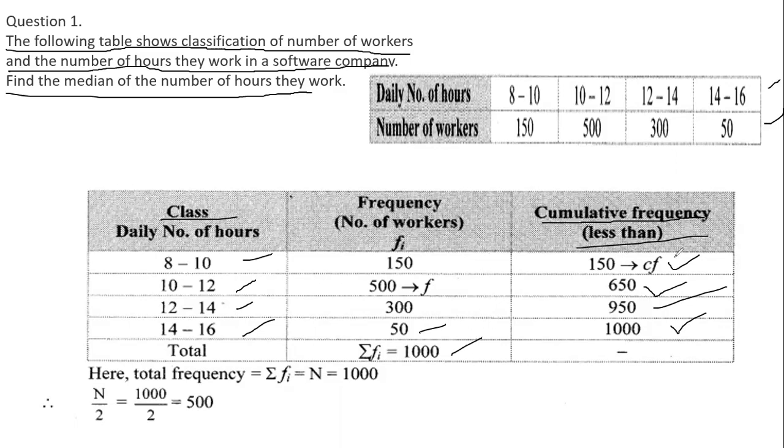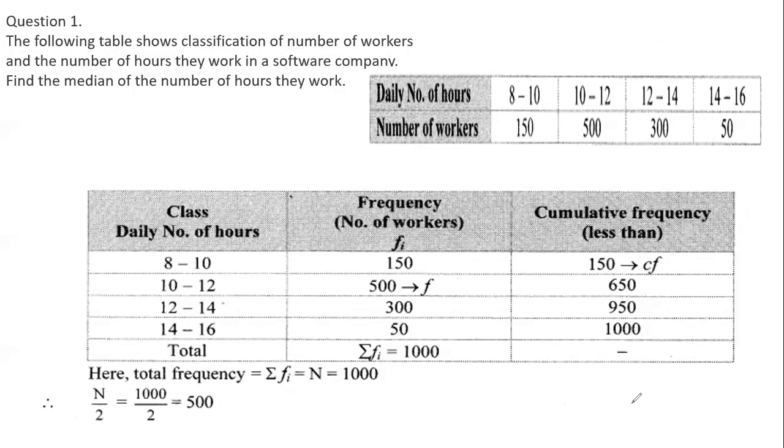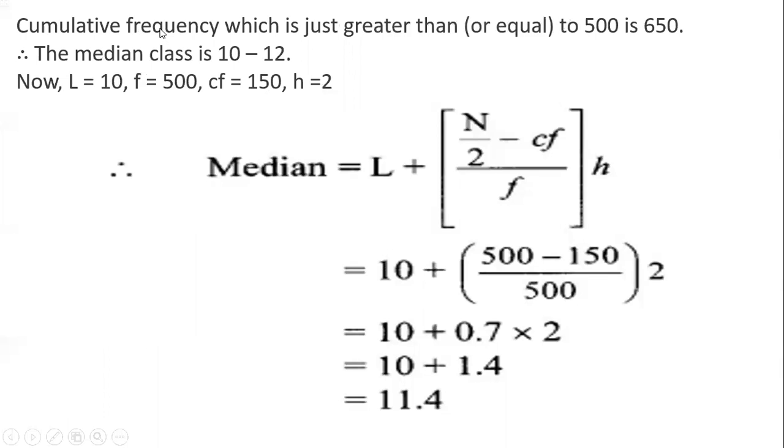Now select the class in that. So here you can say the N is 1000. So 1000 divided by 2 is 500. Here, the cumulative frequency which is just greater than or equal to 500 is 650.